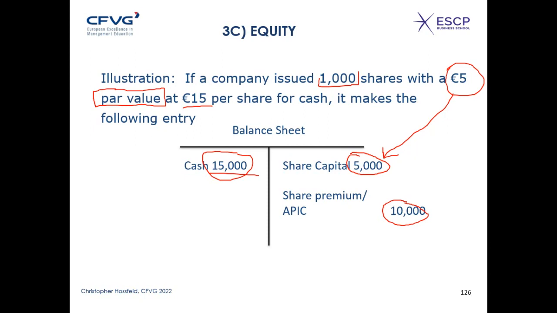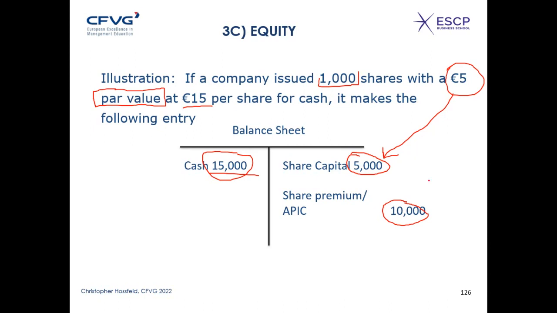Okay, that's how we issue shares. Questions on that? Pretty much straightforward. As I said before, usually we don't know the par value of companies, but most par values are set pretty low, €1, €5, €10, whereas market prices can be much higher.